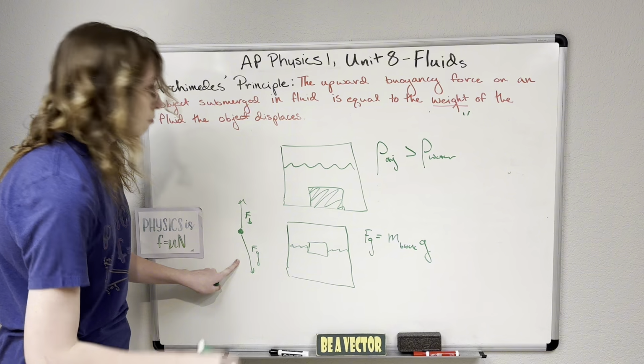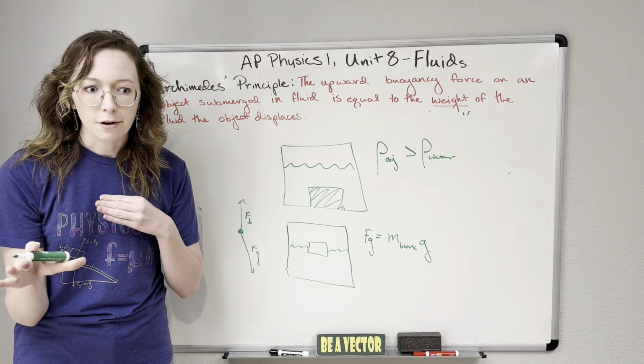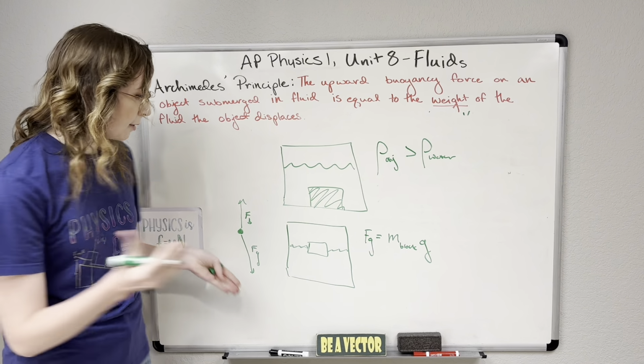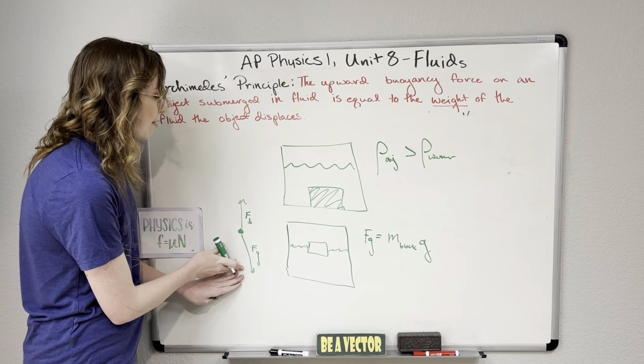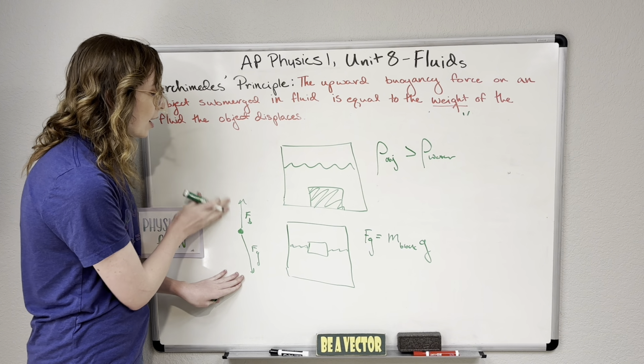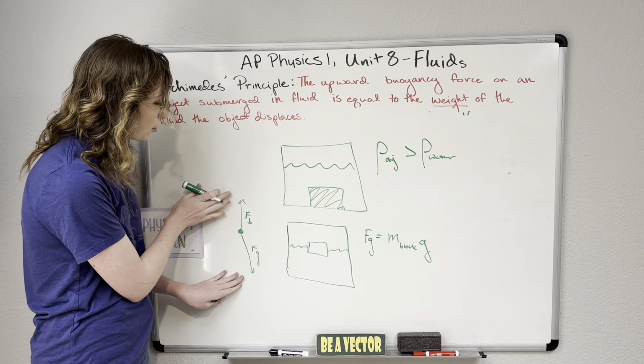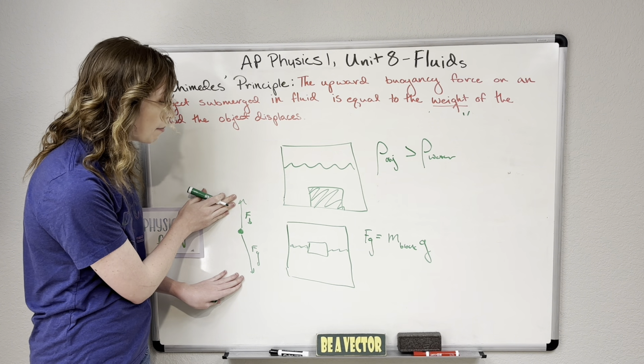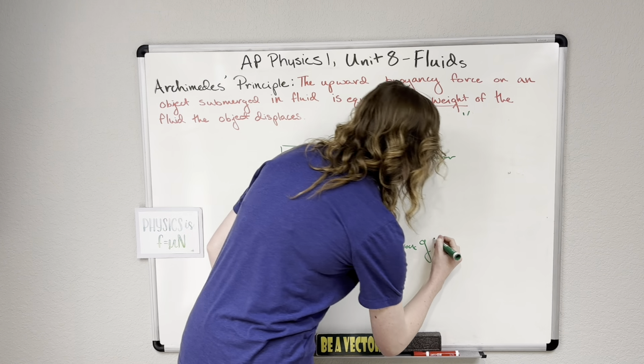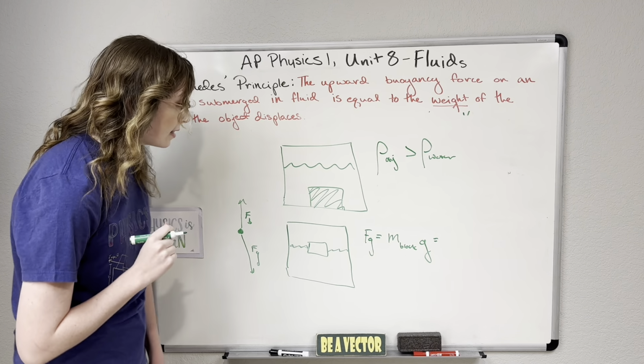And going back to the setup we had earlier, the net force on our block is 0. So the magnitude of my force of gravity is equal and opposite to the magnitude of the buoyancy force on my block.